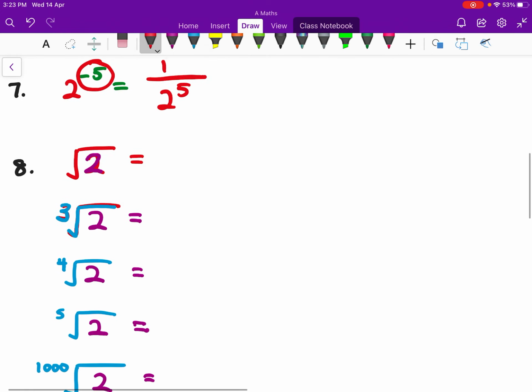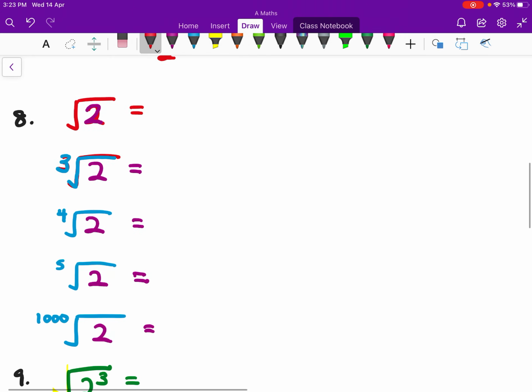Okay, law number 8. Law number 8 deals with square root. Okay, how do I put square root in terms of indices? You simply just put 2 to the power of a half. Okay, so your index is half. Because square root involves a 2, right? So you just put 2 to the power of half. What about cube root?